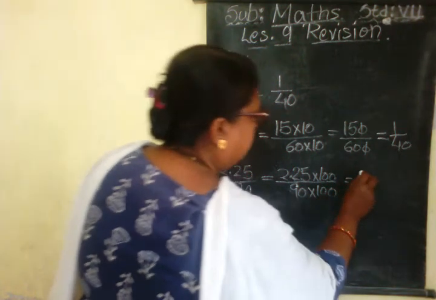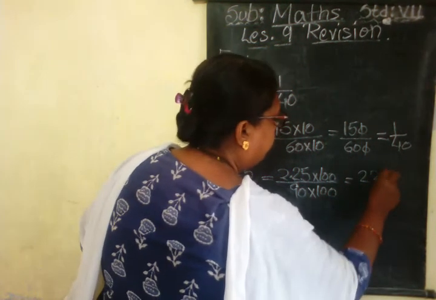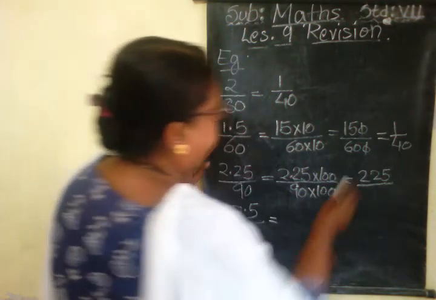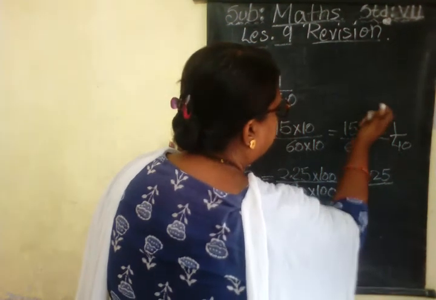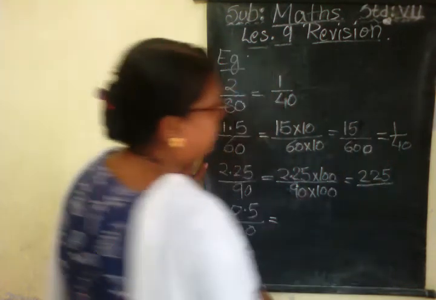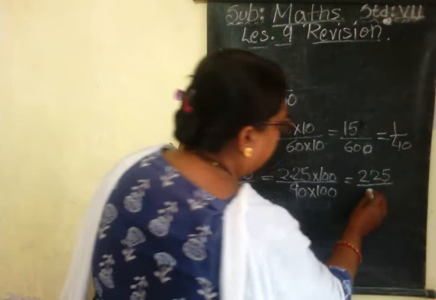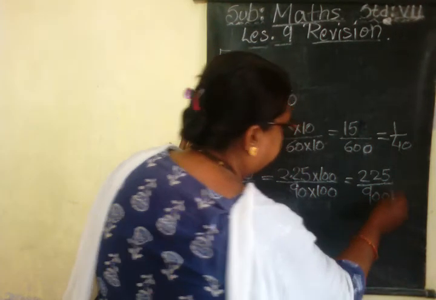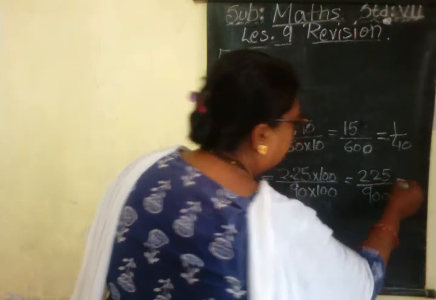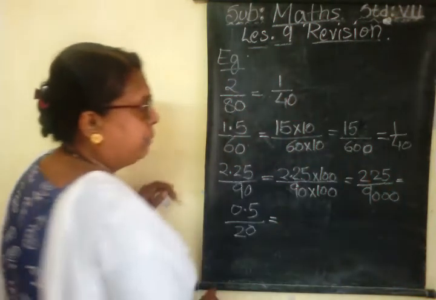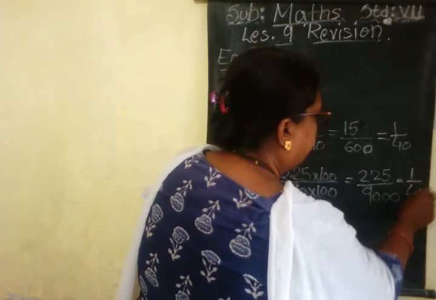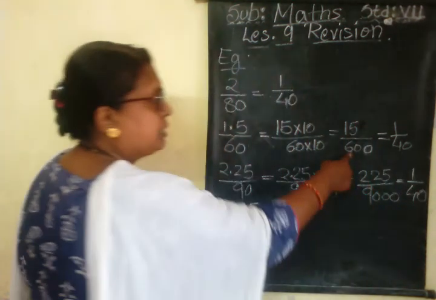This gives me answer 225 upon 9000. So when 9000 is divided by 225, you get answer as 1 upon 40.